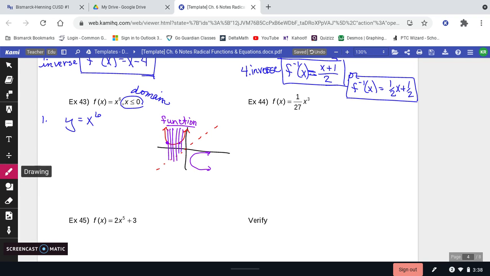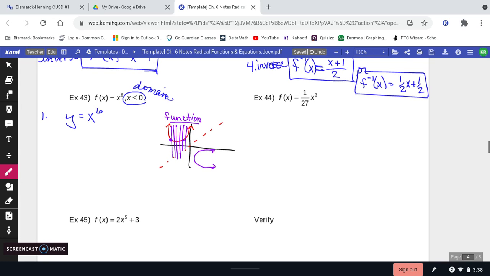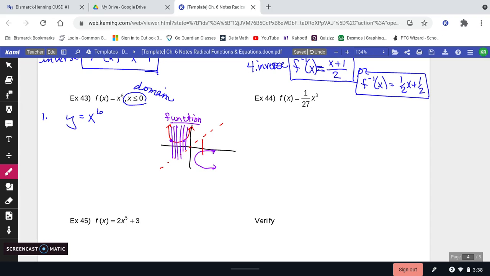However, when you flip it, the sideways parabola, if I start doing vertical line tests, you've got all kinds of lines that intersect that equation in more than one place. So that makes this inverse graph fail as a function. So this one is not a function. Okay, so we can't have that.